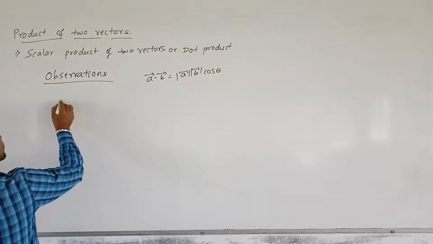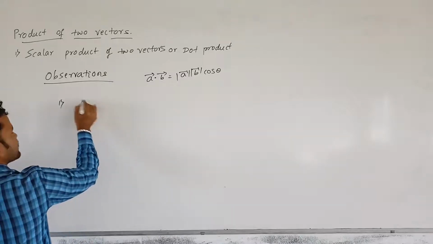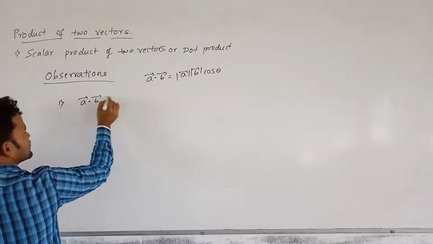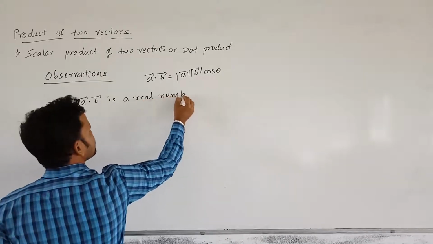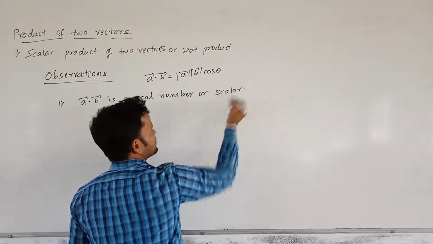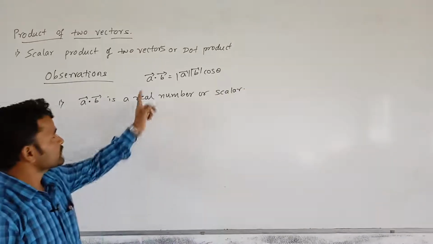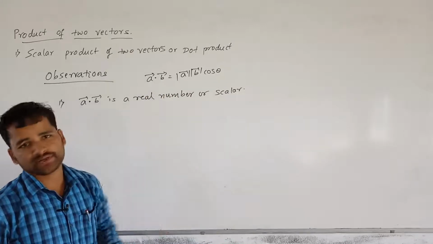First observation we will write here. A dot B is a real number, or it is a scalar quantity. Product of two vectors is giving us a scalar quantity here.